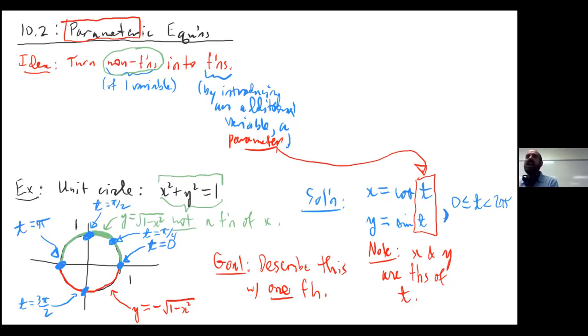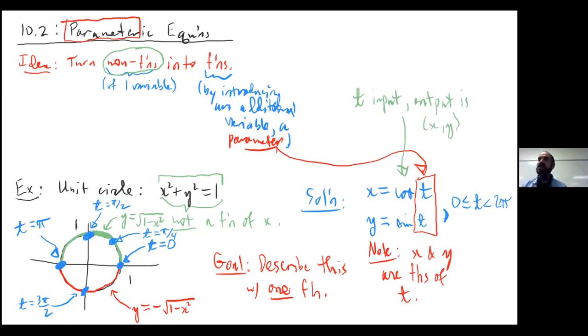But the whole point is, I know exactly what the output is. The output is now like a point x and y, right? So let me just point out here that t is the input, okay? And the output is x comma y.